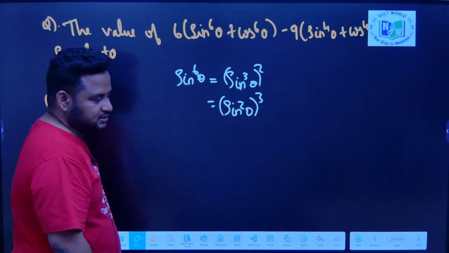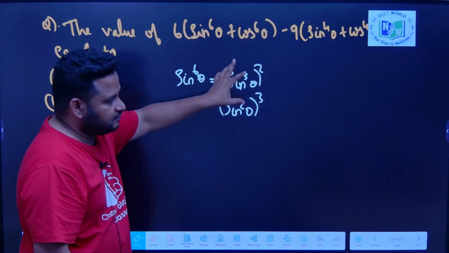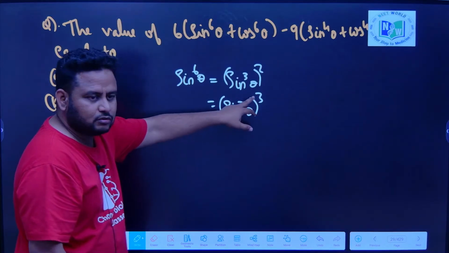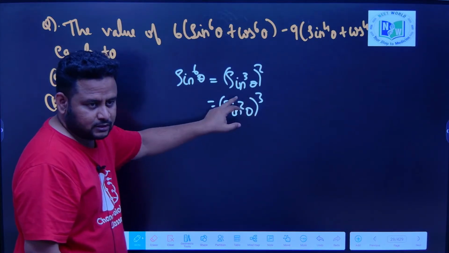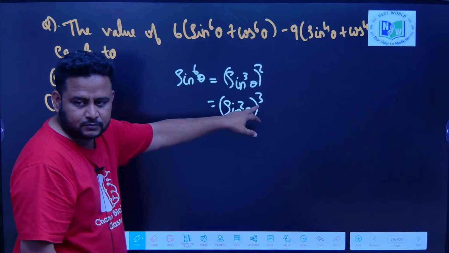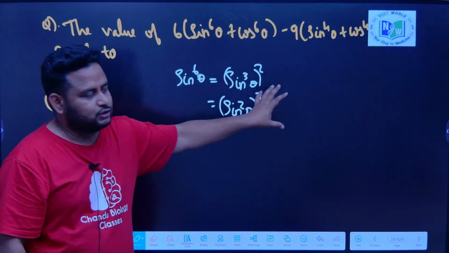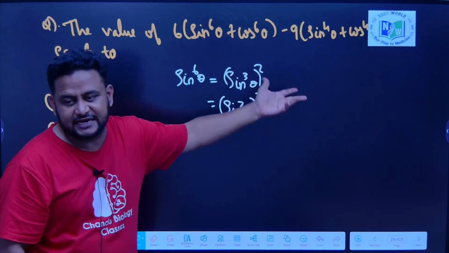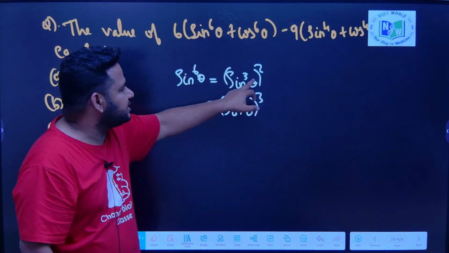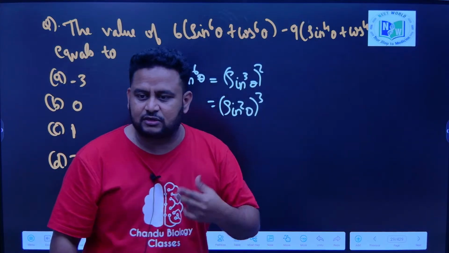But since it is 6 here and cos 6 is also there, the ideal thing is to write sine square theta whole cube, a cube instead of a square, because that will help me solve the question very easily. You can take the other one, but it will be a little tedious. For 6, the ideal thing is to take the cube. If it is 4, the ideal thing is to take the square.